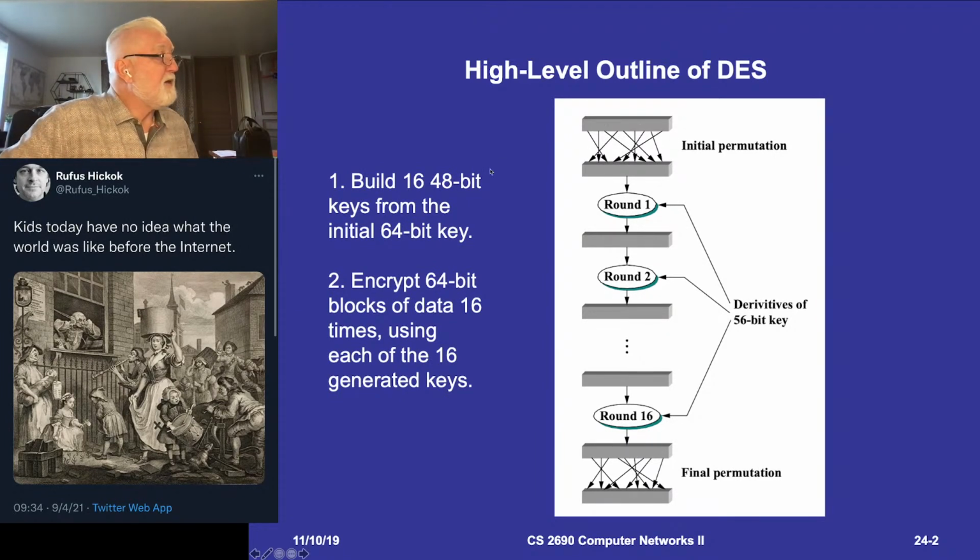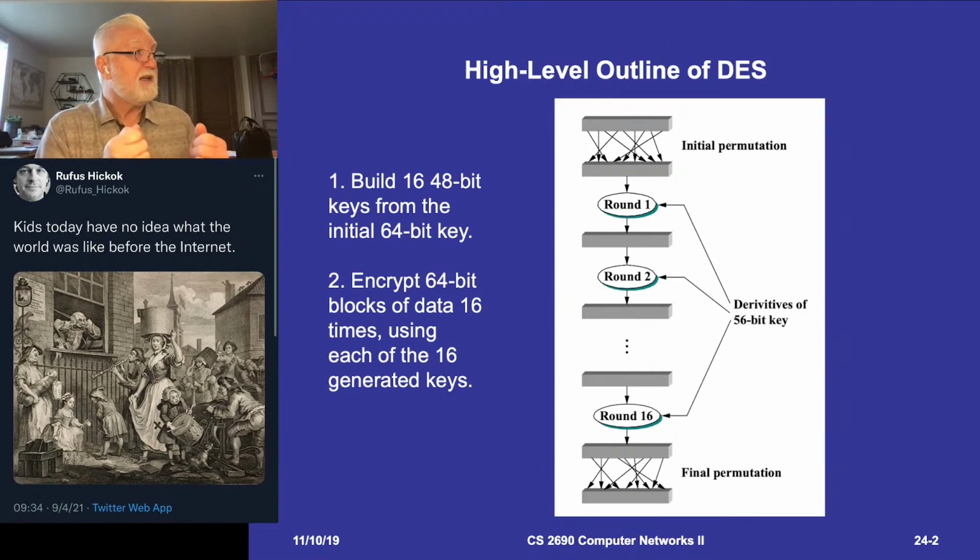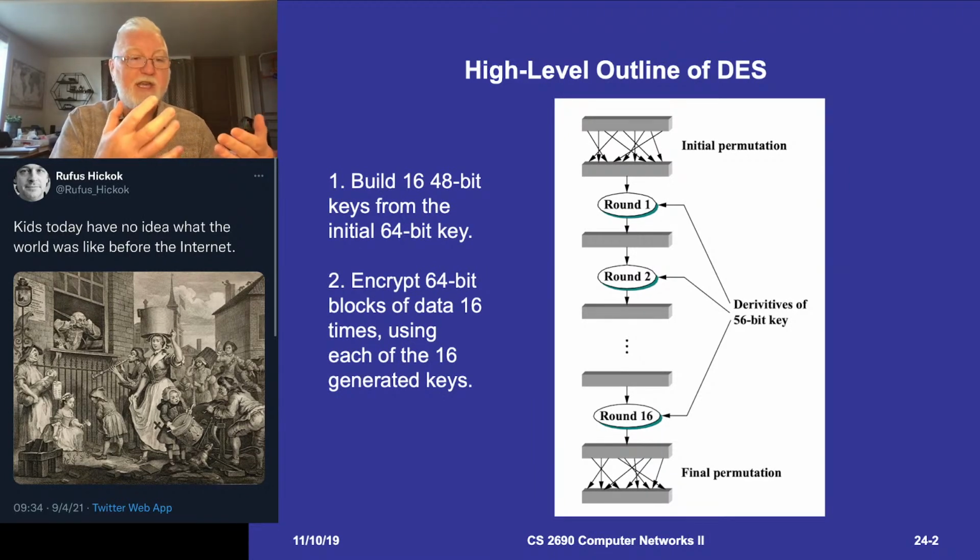We take a 64-bit key, which is our encryption key, and build from it 16 separate 48-bit keys. Each key is derived from the key before it, but we keep all 16. We hang on to them.